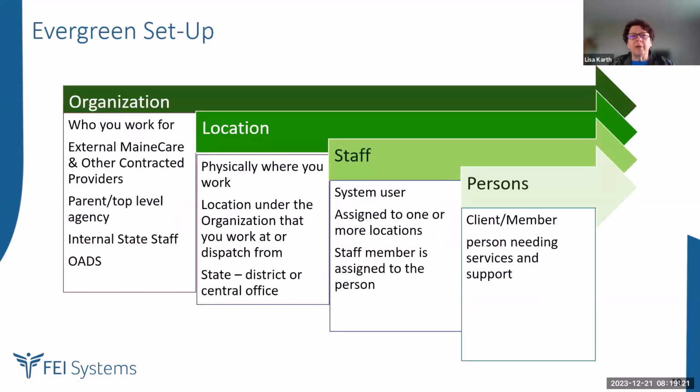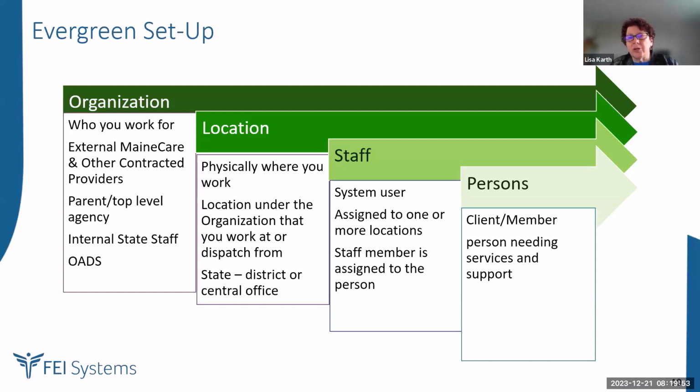It can be helpful to know and understand how Evergreen is organized. It helps with navigation of the system. We start at the very top with the organization, and this is who you work for. And for our external users, such as MaineCare and other contracted providers, maybe just an example, Disability Rights Maine, it's the parent or top level agency.